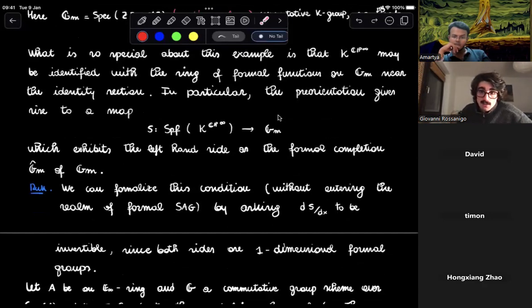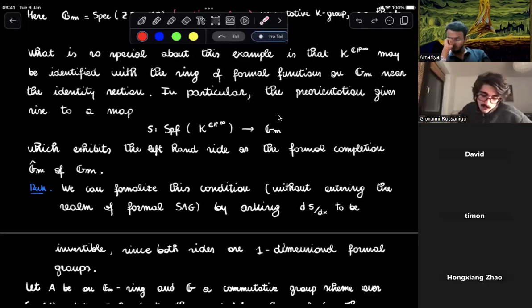For example, in this case, it happens that it exhibits the left-hand side as the formal completion of the right-hand side, just because we are working with one-dimensional formal groups.